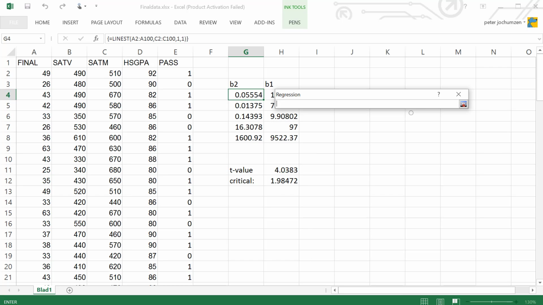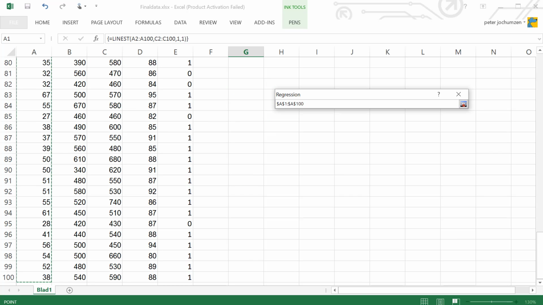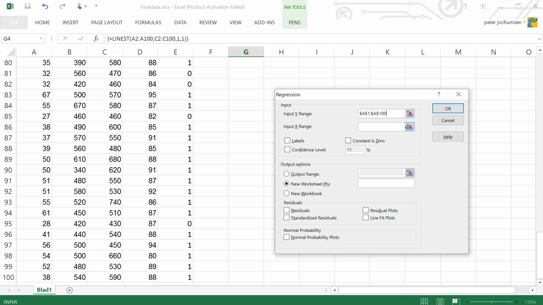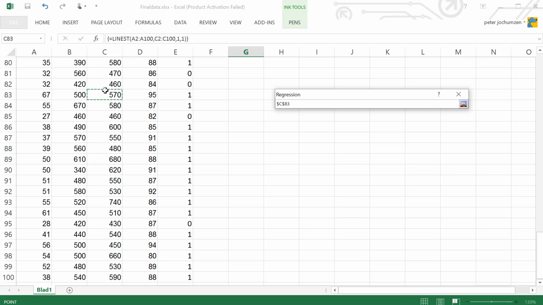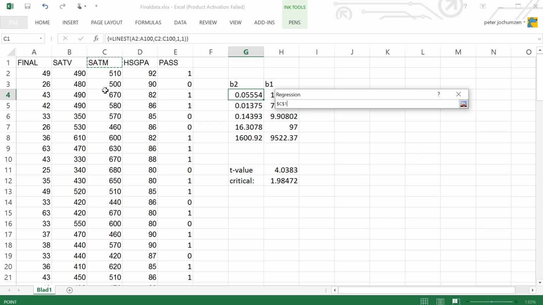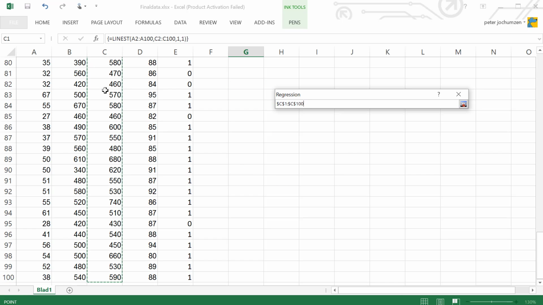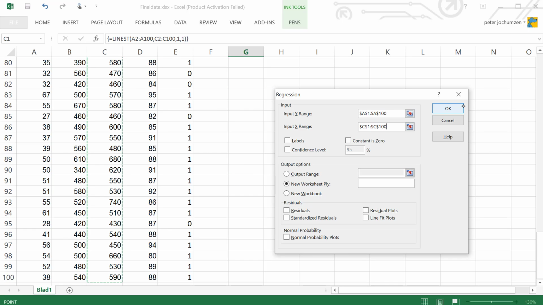So my Y range, if I click this button, is, I think I can even include the title. So like that. My X range is then the SAT-M. Okay, then if I want the intercept to be 0, I can click that one. I don't want that. I want the result on a new sheet. Let's call it OLS.